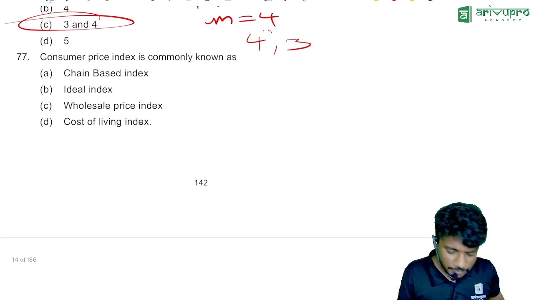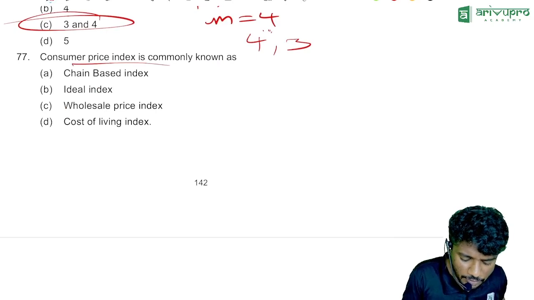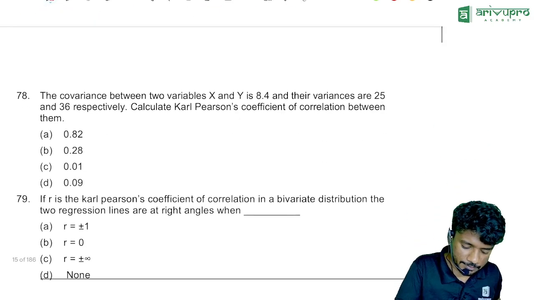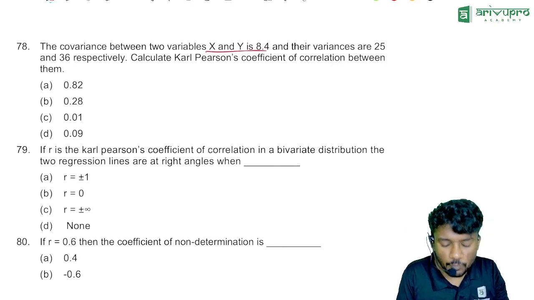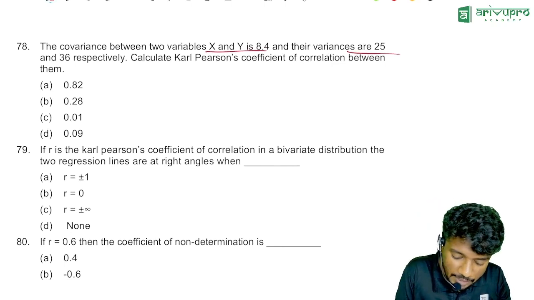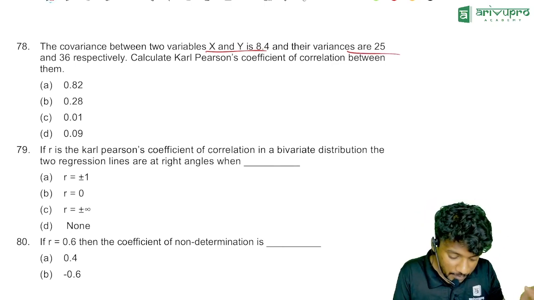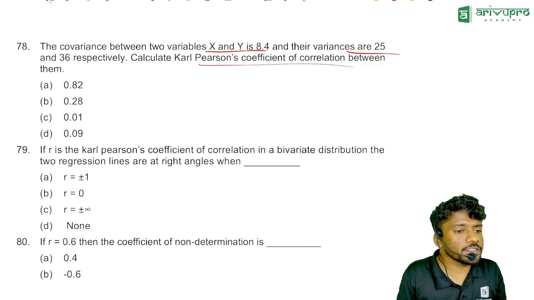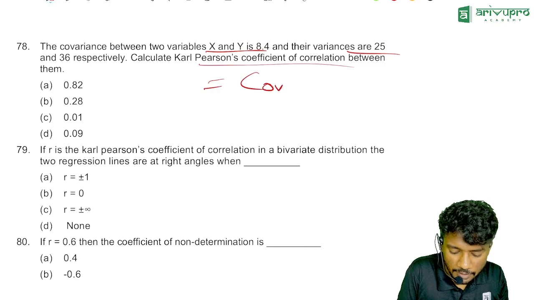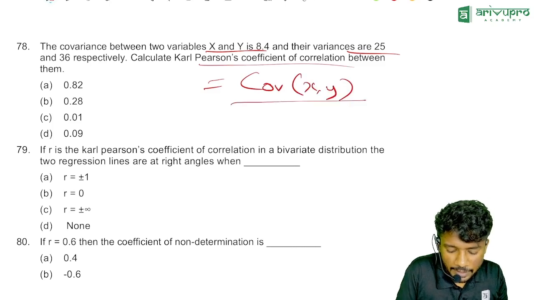Cost of Consumer price index is also known as... Yes. The covariance between two variables x and y is 8.4. The variances are 25 and 36 respectively. Calculate the Pearson coefficient. What was the formula? Do you remember? Covariance of x comma y divided by sx into sy.